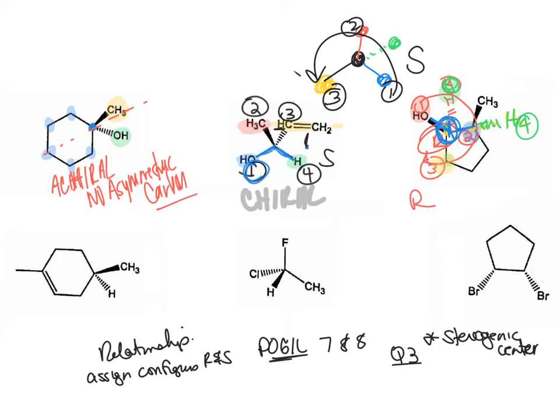Okay. Number 2, we'll make that red. This is going to be number 2. And number 3, we're going to make that yellow. Make that 3. So here we have 1, 2, 3. And with hydrogen in the back, that's S. So we have an R and we have an S.